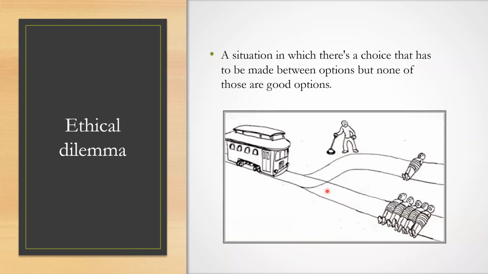So these are two things which conflict. It means that there are two options or two rules we follow, but none of them is good. The doctor now has two options. If he follows autonomy, he should respect that person and let him die.